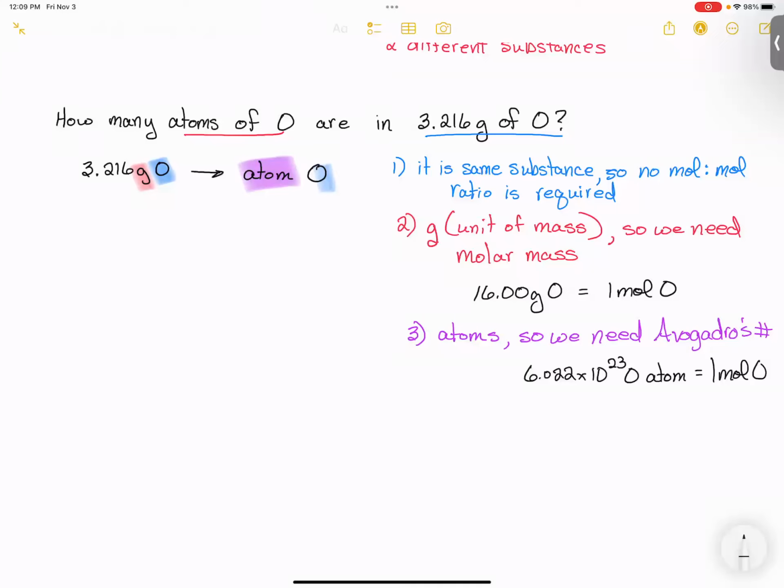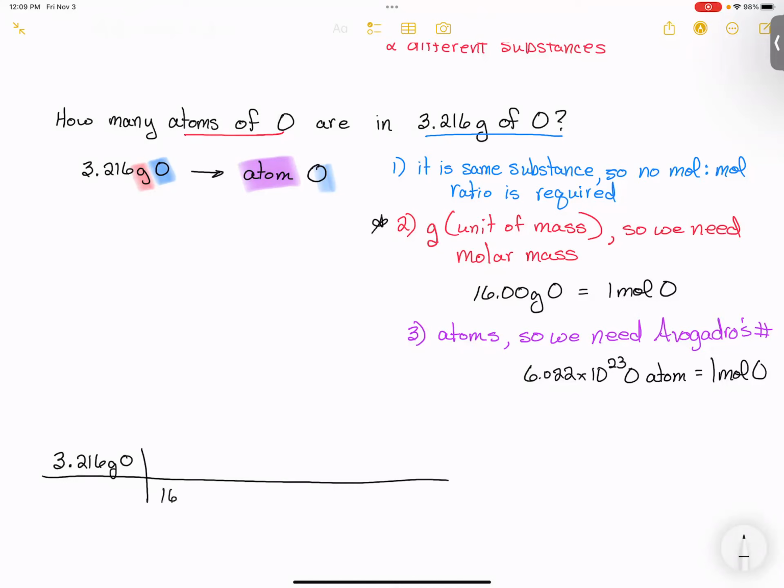Now we're ready to start the conversion. We start with the piece of information given, which was the 3.216 grams of oxygen. Our first conversion factor needs grams of oxygen because we need to make sure that we can cancel out the grams of oxygen. So we're going to use our molar mass first.